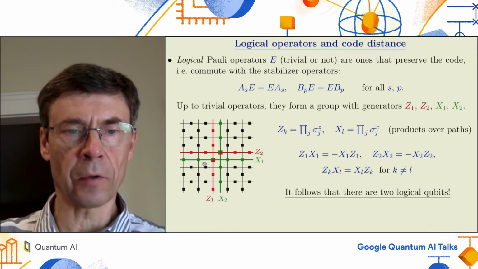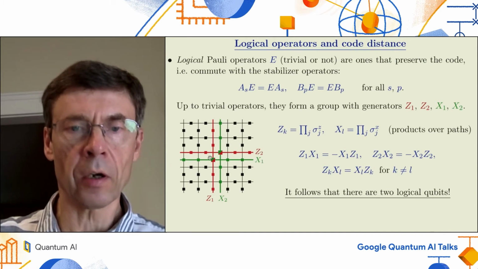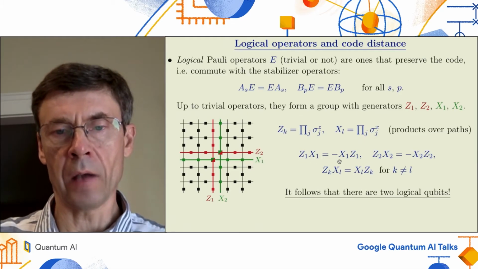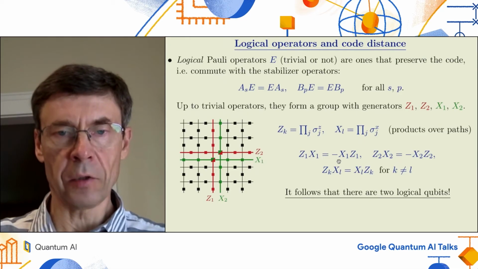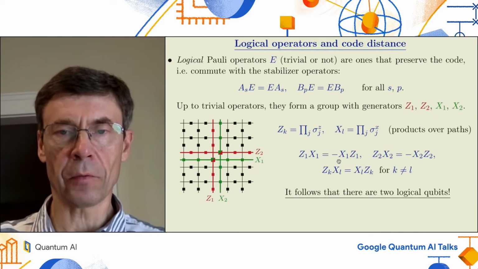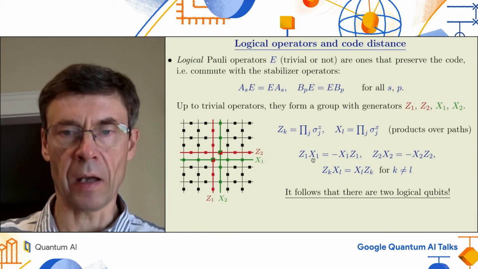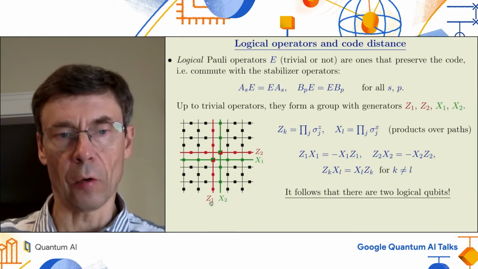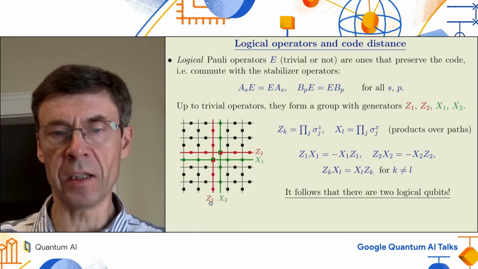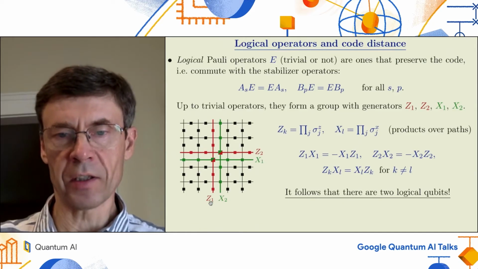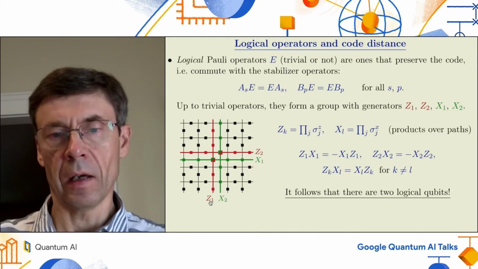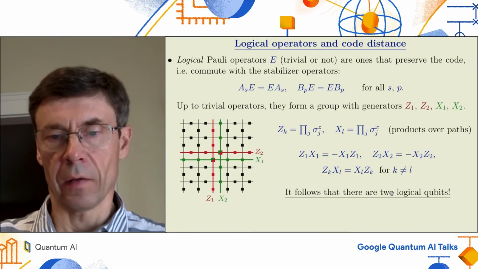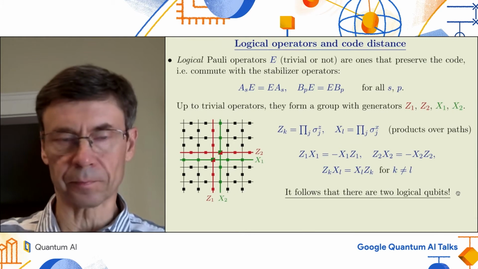And these two sets of qubits have one qubit in common. Therefore, Z1 and X1 anti-commute. This commutation relation is similar to the commutation of sigma Z and sigma X acting on a spin or a qubit. And so we may say that X1 and Z1 are logical sigma X and logical sigma Z acting on a logical qubit. Since there are two pairs of such operators, there are two logical qubits.